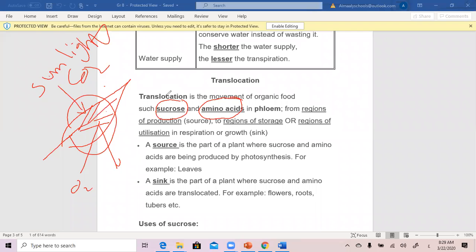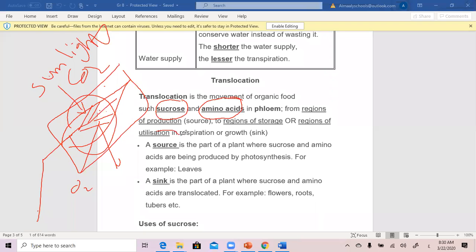So sucrose, starch, all of them are carbohydrates. Amino acid is the last unit of protein, from protein production. So in photosynthesis, sucrose is formed here in the leaf. The region of producing sucrose or glucose or nutrients, the food in photosynthesis, is called the source.